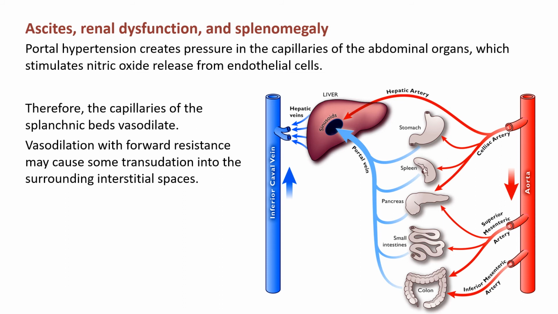This vasodilation, if you combine it with forward resistance, because the blood can't get into the portal vein and because it can't get through the liver, may end up causing some transudation into the surrounding interstitial spaces.